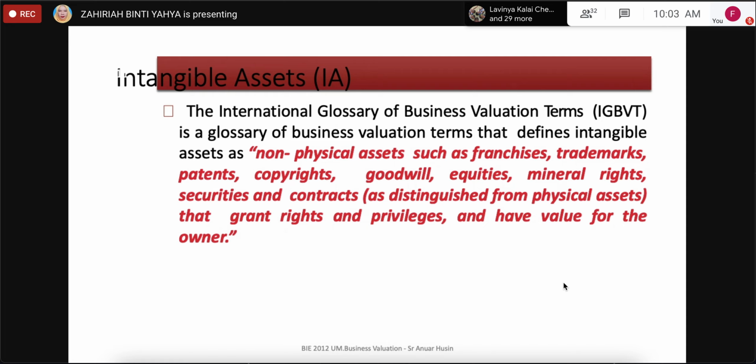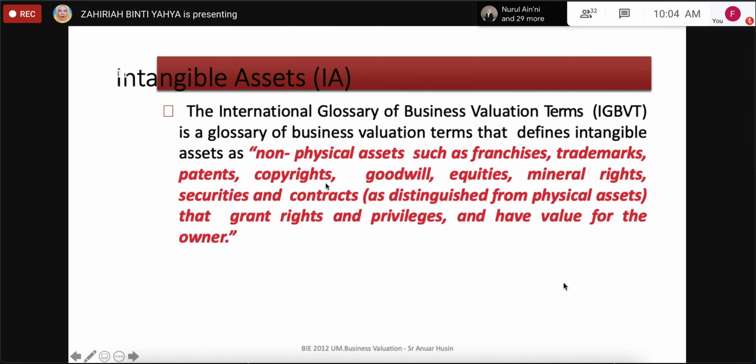You rasa? Just now punya excess earning method. Macam mana ya? Let's say lah, Ryan, let's say somebody come to you. Dia kata, I have copyrights.